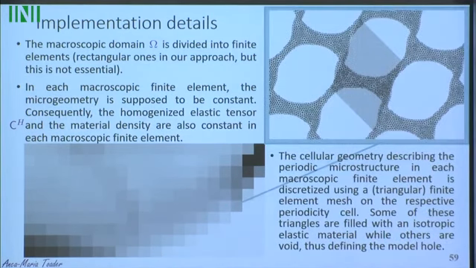And in each one of these macroscopic finite elements, we have the cellular microscopic structure characterized by this cellular problem, and here we have the triangular mesh, which I have presented at the time.